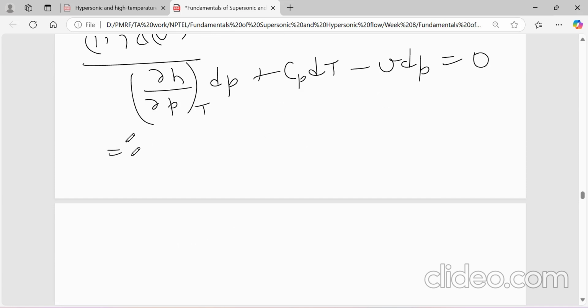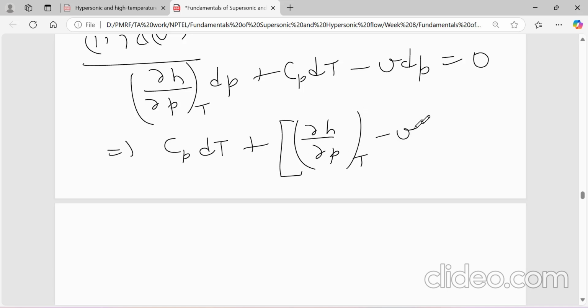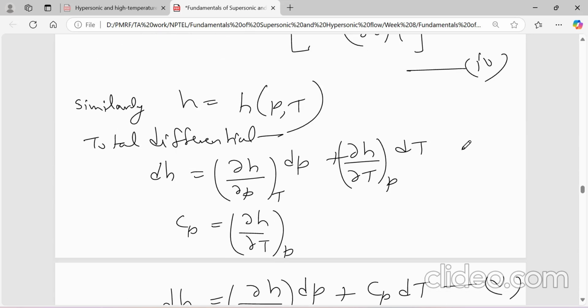We can take the dP term common also. We get Cp dT plus dou H by dou P at constant temperature minus V, times dP, equals 0. This is equation 6.